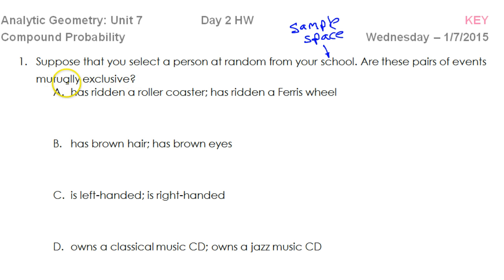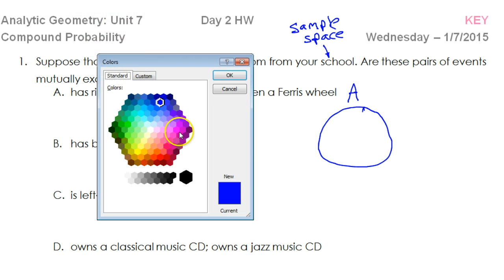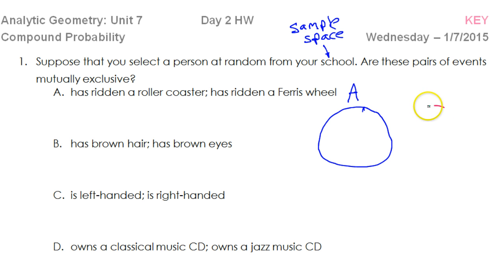Alright, now let's talk about mutually exclusive. If you're looking at a Venn diagram, if this is event A and this is event B, these two events will be mutually exclusive if they have no overlap, if they have nothing in common. So, for example, if we were talking about boys and girls, there's not a student that you could pick that would be a boy and a girl.